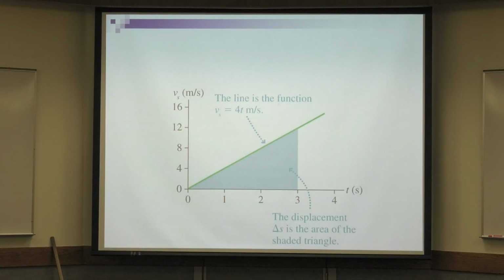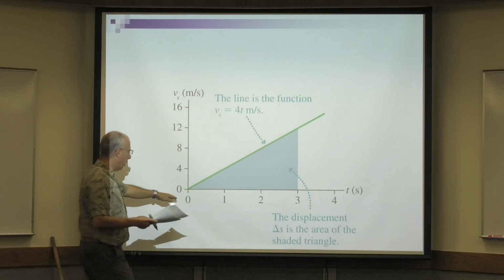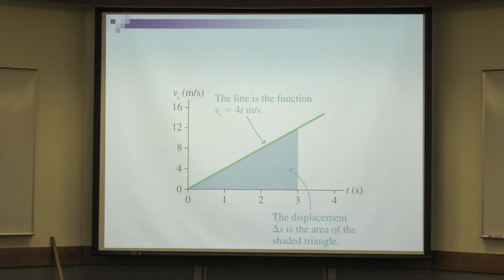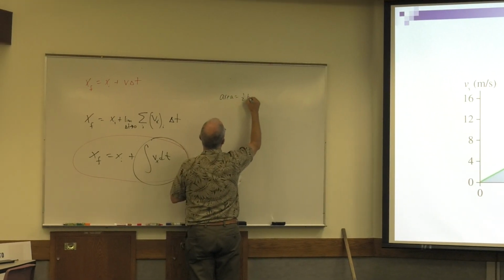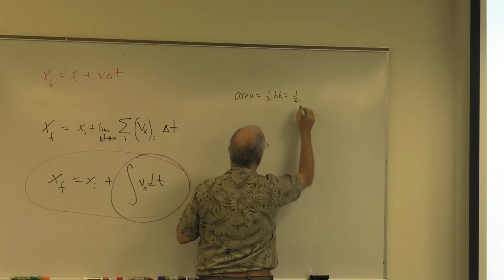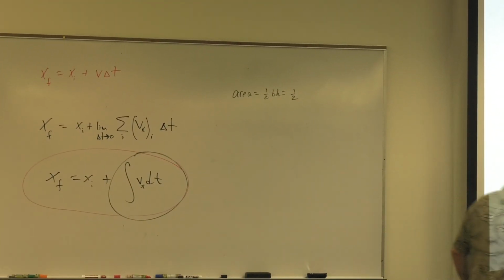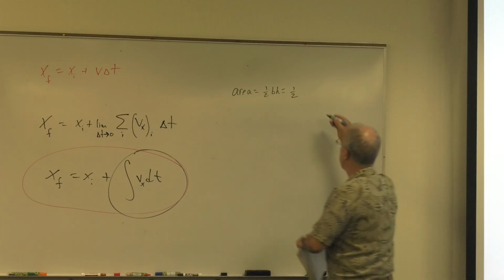Okay, I assume you've done it, so let's do it. What's the area under the curve? It's a triangle, so the area is half base times height. The base is 3 seconds. Don't forget to write units.